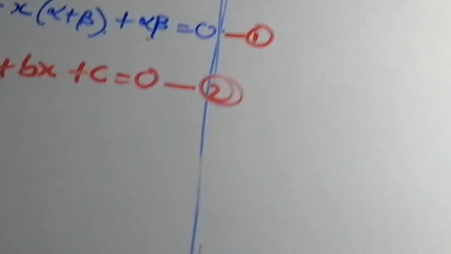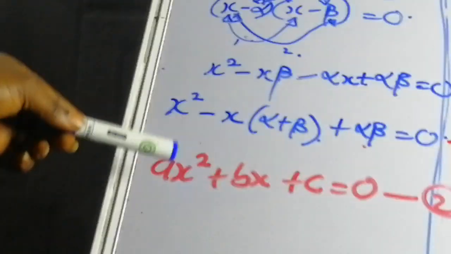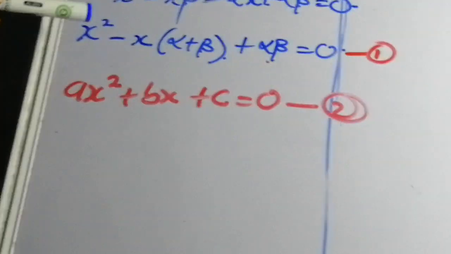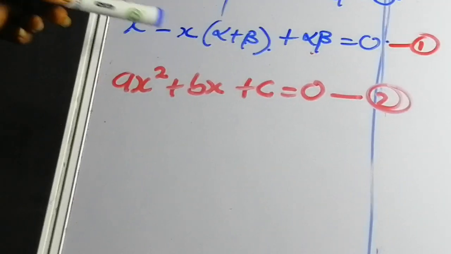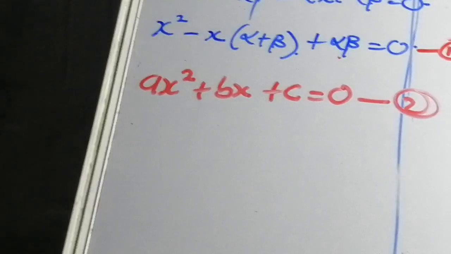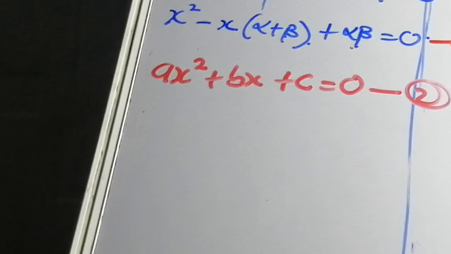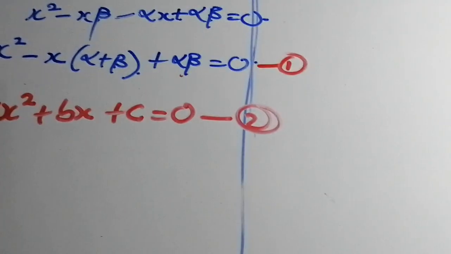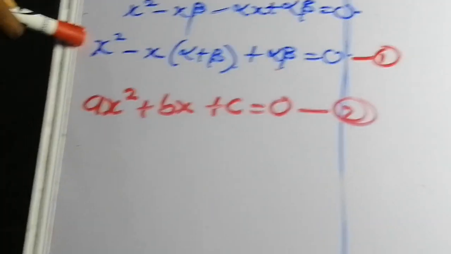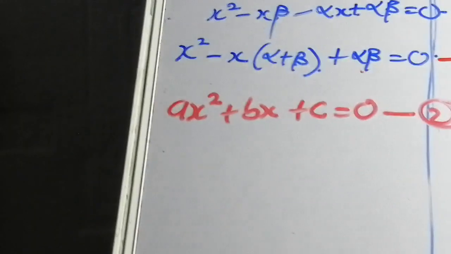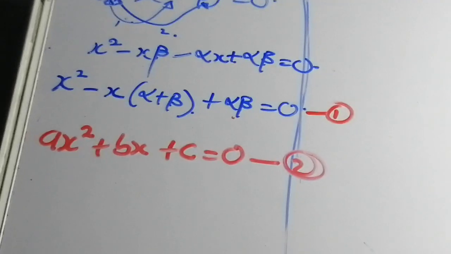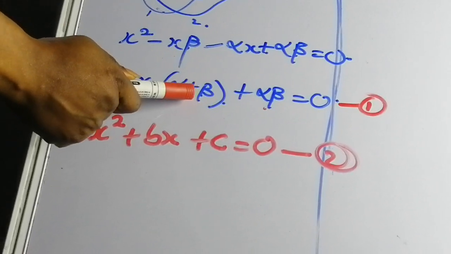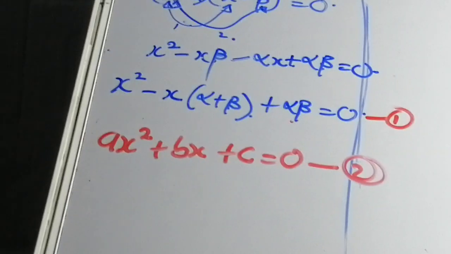Now, if I compare both of them, I can compare here, I can compare here. Now, if you look at this one very well, this one has no coefficient here. Anytime you're using sum and product of the roots, this is what we call sum. You are adding. This is what we call product.